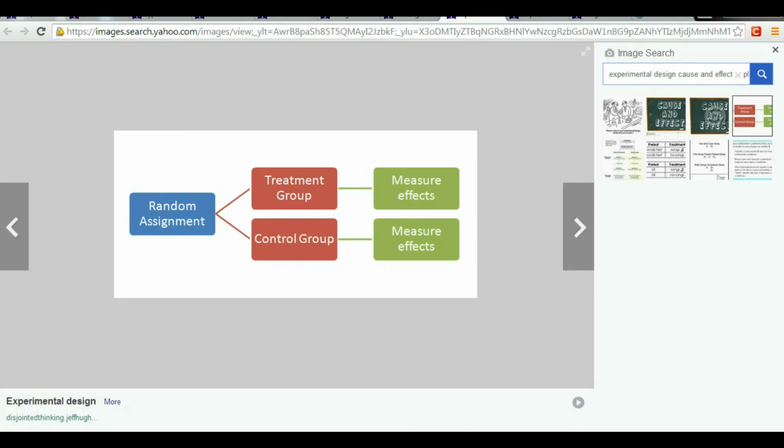Now there is a question here, and it's an ethical question. Obviously, blood pressure is not immediately life-threatening, so when people go through the experiment, we might have them do it for 10 weeks.